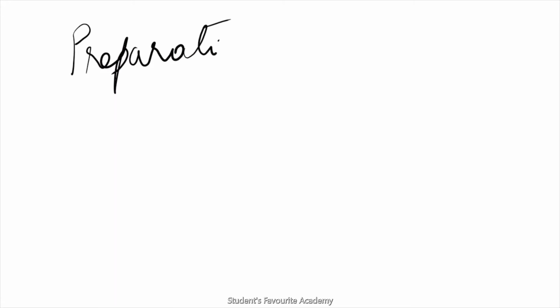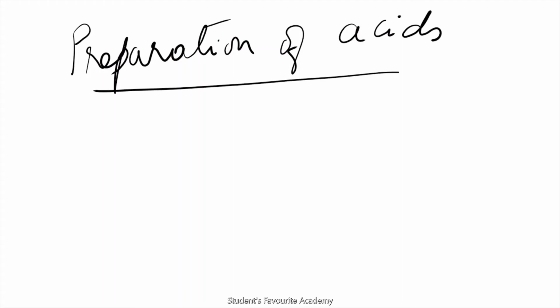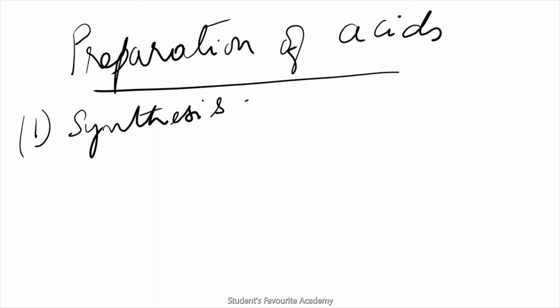In this preparation of acid, you have to only be thorough with the chemical equations. So one method is called synthesis, where direct combination of hydrogen and non-metal are used.